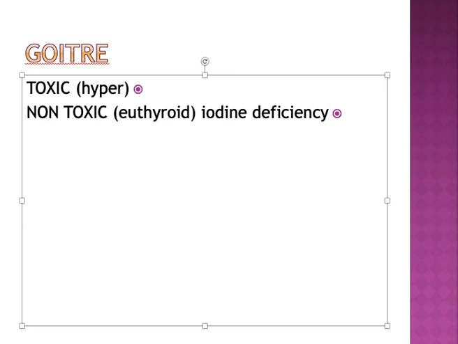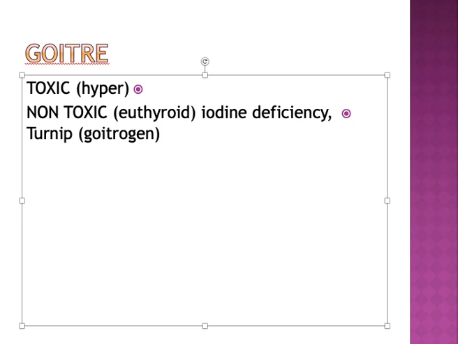And there are some vegetables like turnip, which is considered a goitrogen. This is one of the vegetables which can cause goiter. Many drugs can also cause non-toxic goiter, like lithium.